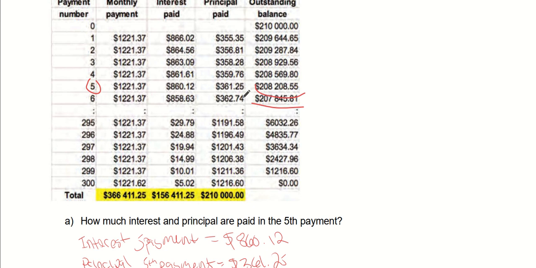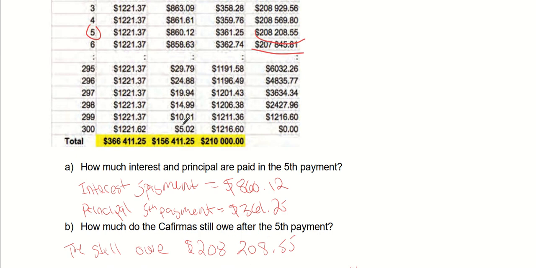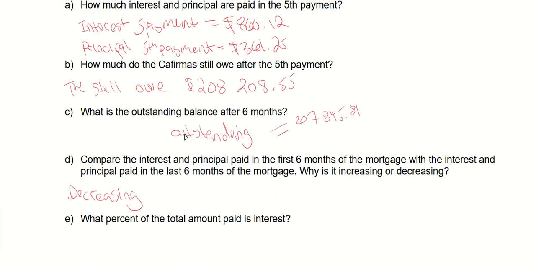Hence why this is getting smaller and this is getting smaller. Therefore, the principal that you're paying off is actually getting bigger. So you would say on the bottom here, decreasing interest and increasing principal paid.